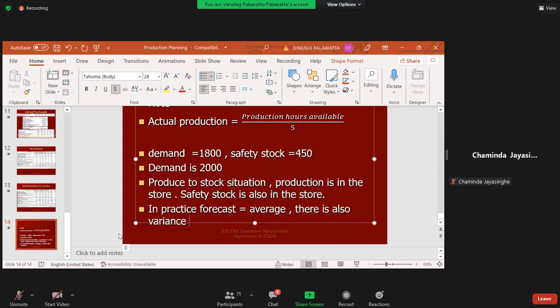So this safety stock is calculated using the variance in order to account for variation. Safety stock is used to account for variation.